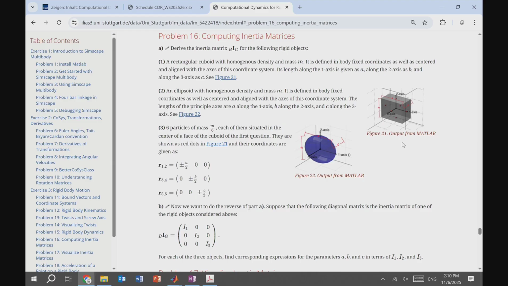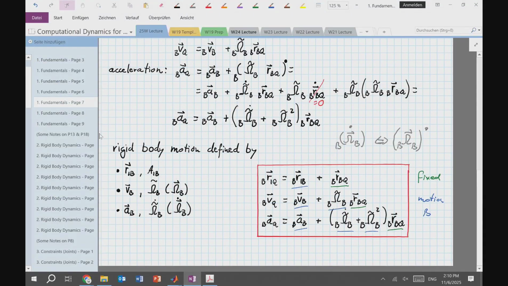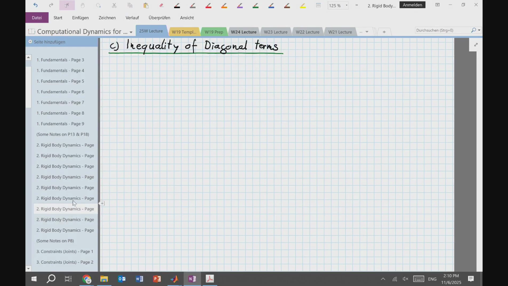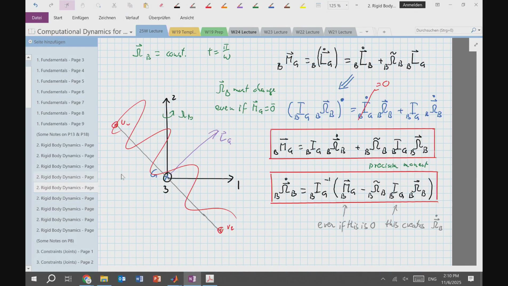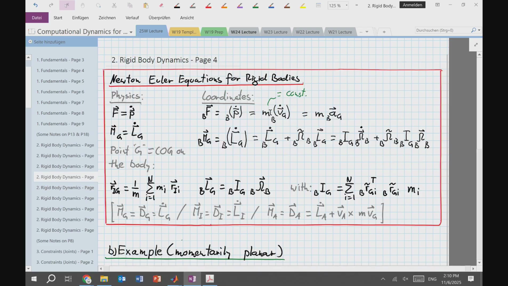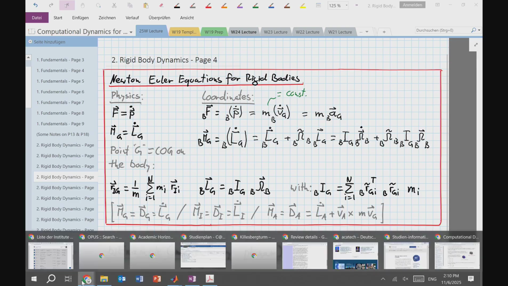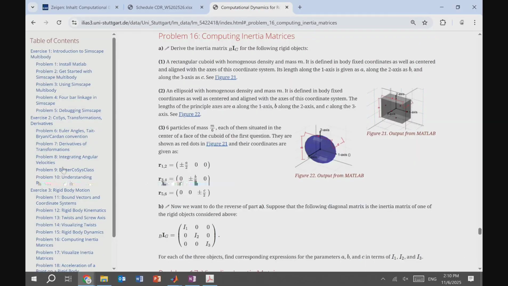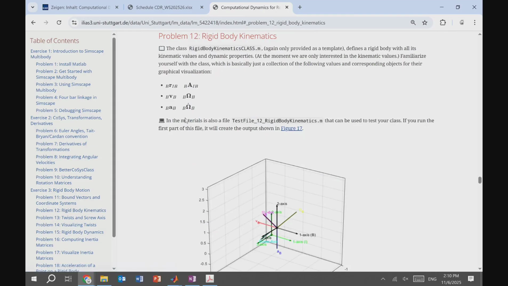We will use the equations of motion, the Newton-Euler equations of motion that we derived in the last lecture, to compute an angular acceleration, an omega dot, and then use the integration step that we do as the homework. So we set the omega dot and the a dot to these quantities here, and then use the integration step to generate a simulation.